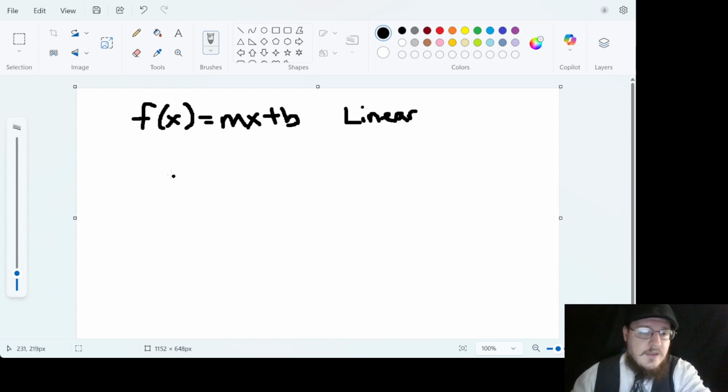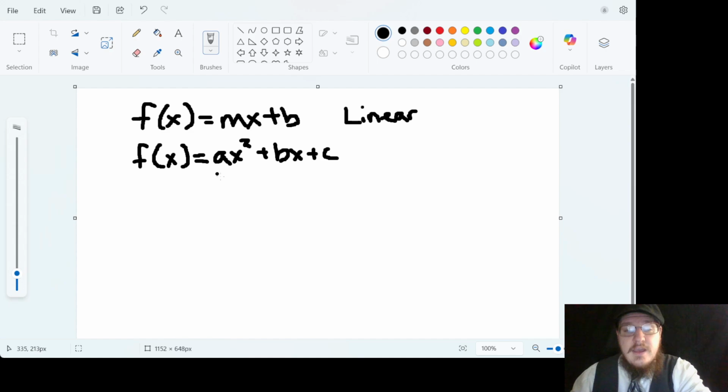Okay? Now, for a higher tiered function, we have ax squared plus bx plus c. And this is a quadratic function.